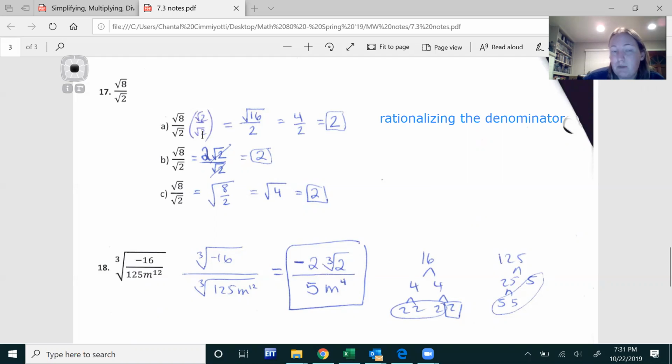But if you multiply by root 2 in the denominator, you'll need to do that in the numerator to not change the value, because again, this is like saying 1. So I'm not changing the value when I multiply by 1. But by essentially squaring, we can say, well, that's the same as square root of 4, which is 2. Or we can say it's root 2 being squared, and the square root and square cancel, it's 2. So no matter how you handle this denominator, it's 2.